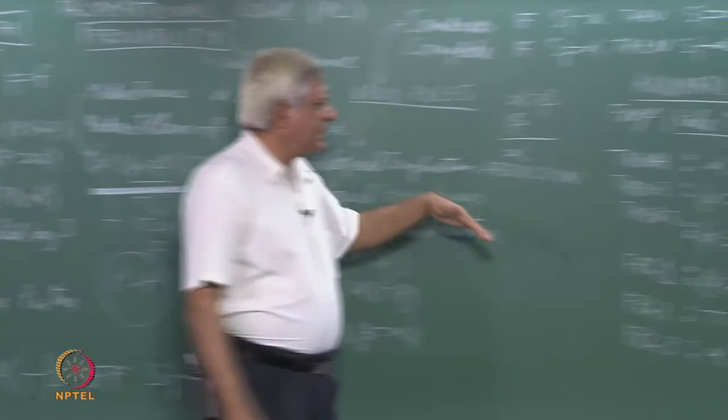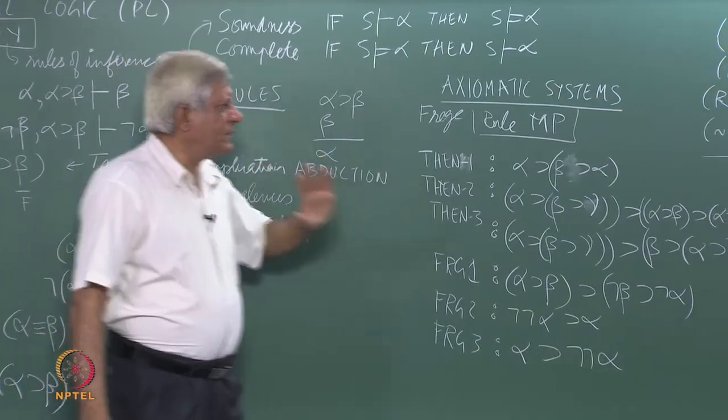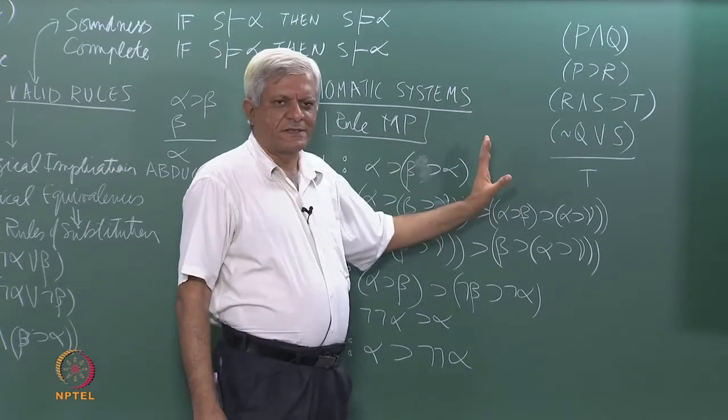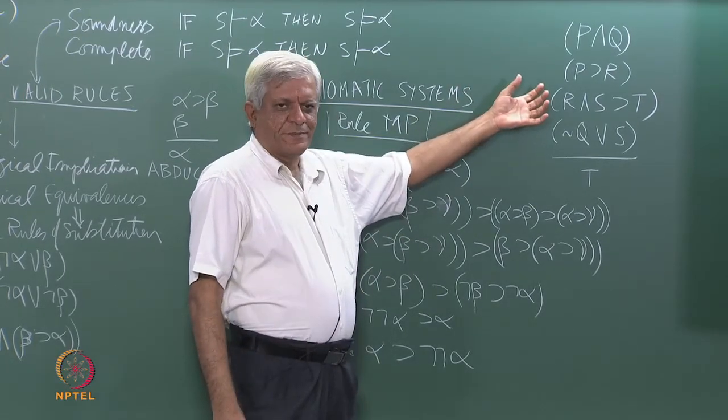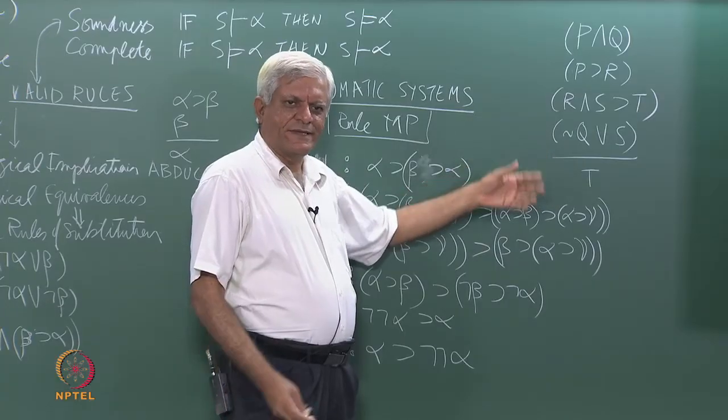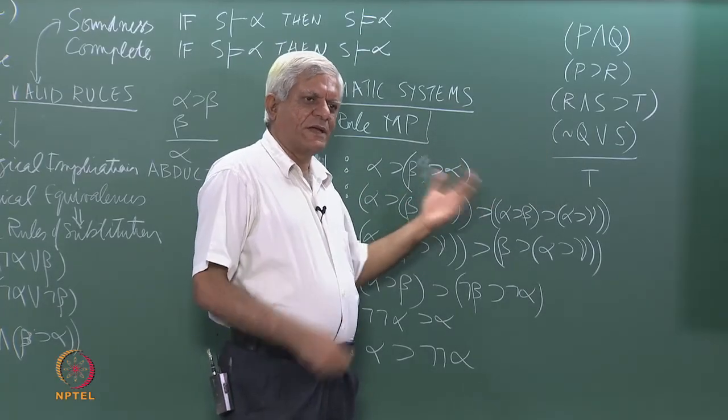So, the kind of proof that we did in the last class is called natural deduction, which says you take a rule of inference, apply it to some premises and add a new one to the set, and then again take another rule and apply it, and so on and so forth.